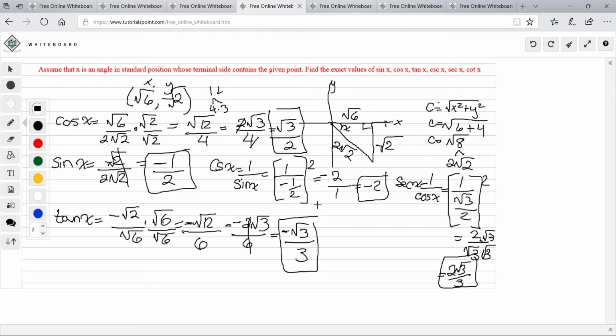So cotangent of alpha. We said that tangent is negative root 3 over 3, so we just have to flip it. So it's 3 over square root of 3. And then when you rationalize the denominator, cotangent of alpha is 3 root 3 over 3.